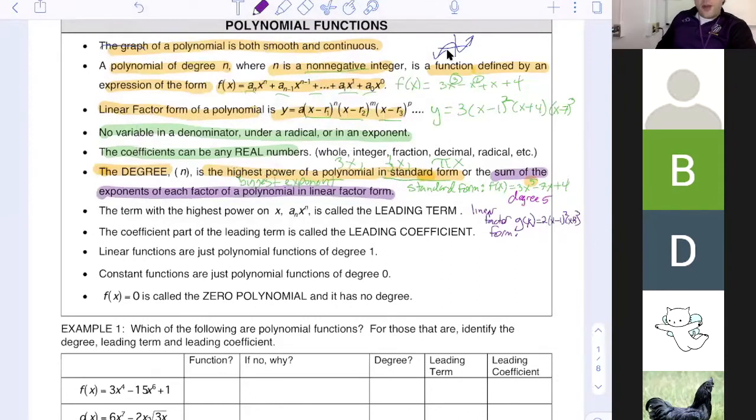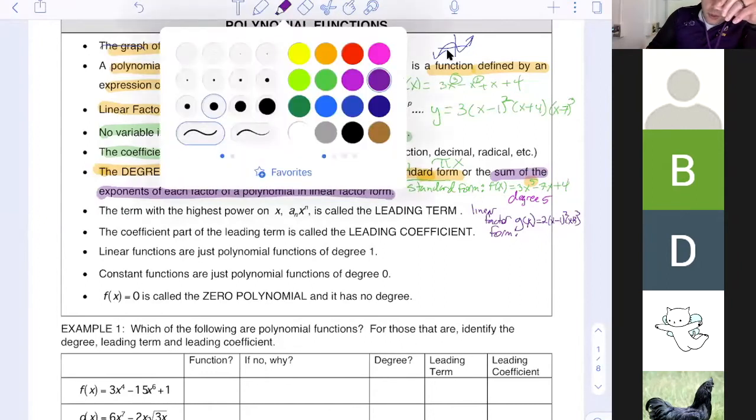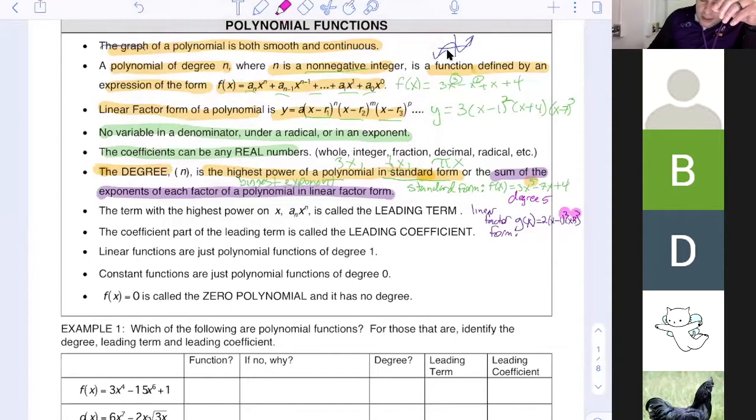If it's in linear factored form, it's factored out with linear factors like x minus 1 and x plus 3. Those are linear factors. And the way we find a degree with that is we would have to add these exponents together, and this would also be a degree 5.